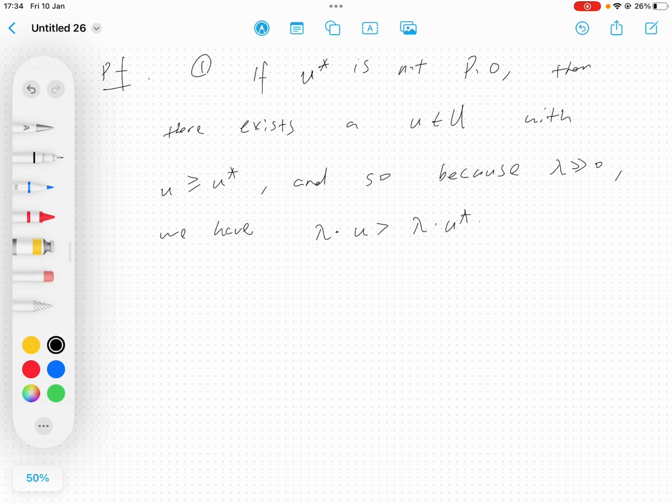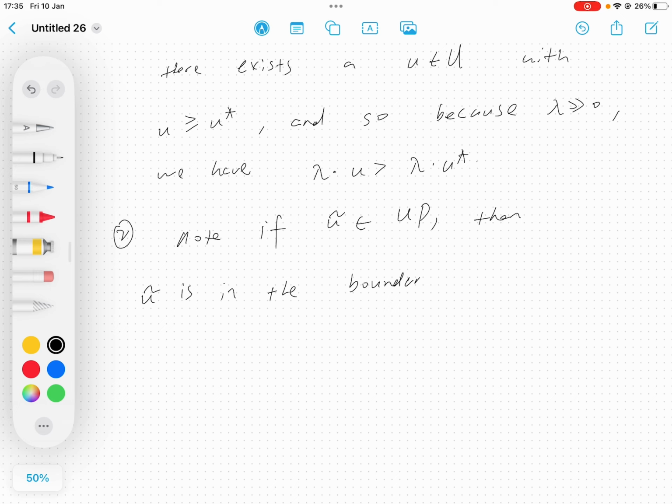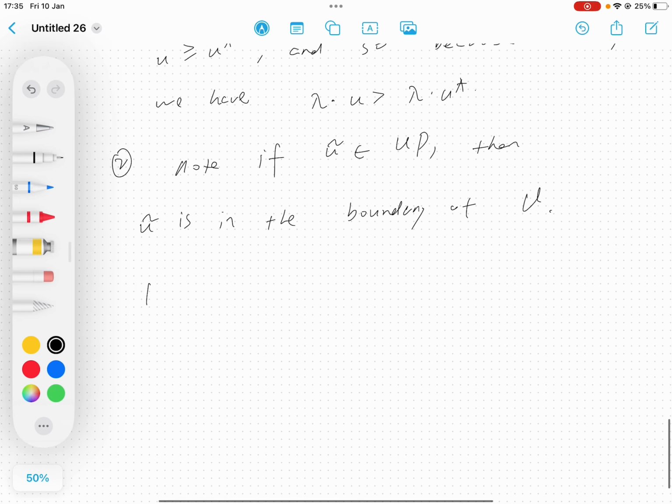For the second part, it's a little bit more complicated, and we're going to use the supporting hyperplane theorem. We notice that if U tilde is an element of UP, then U tilde is in the boundary of U. You can refer to section G of the mathematical appendix in the textbook.